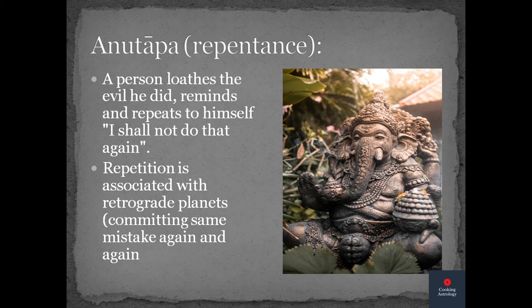The 5th house is the house of your Purva Punya Bhava. And in order for you to attain moksha or liberation, you have to get rid of committing the same mistake again and again. And only that way are you going to strengthen your retrograde planets as well.